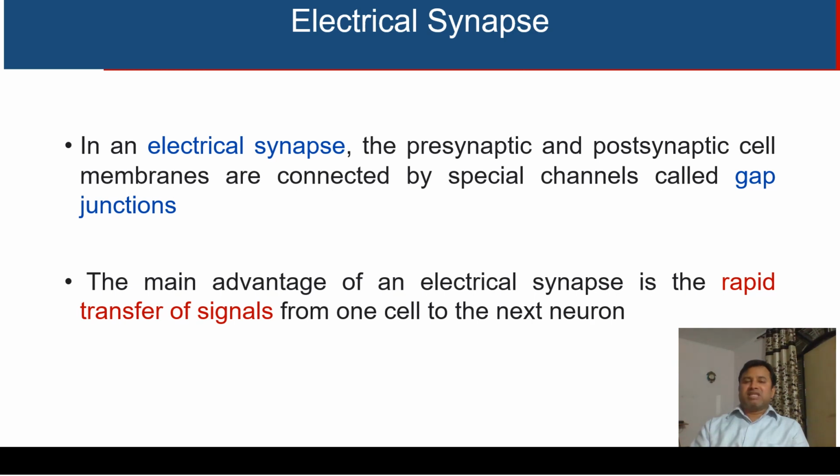Because in the chemical synapse, more time is required, as the neurotransmitter is released through the synaptic cleft by diffusion, and it is received by the postsynaptic membrane, then the signal goes into the other neuron. While in the electrical synapses there is no synaptic cleft, as a result the neuronal impulse moves fast from one neuron to another neuron.